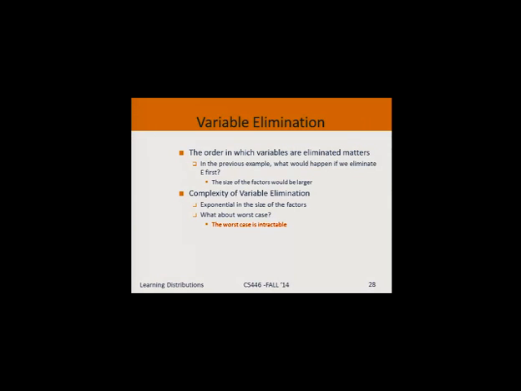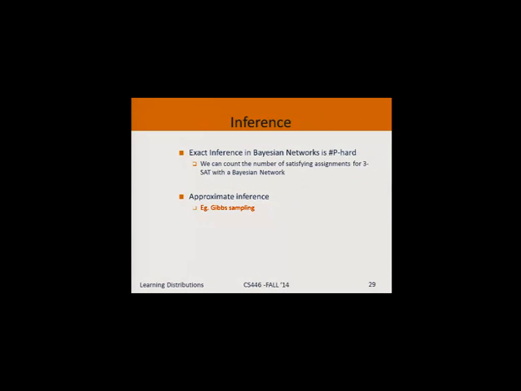It will become exponential. The worst case is exponential. In fact, the worst case is exponential even for very, very simple Bayes nets, simple in terms of connectivity. I don't remember the exact condition now, but even then, the worst case is going to be exponential.